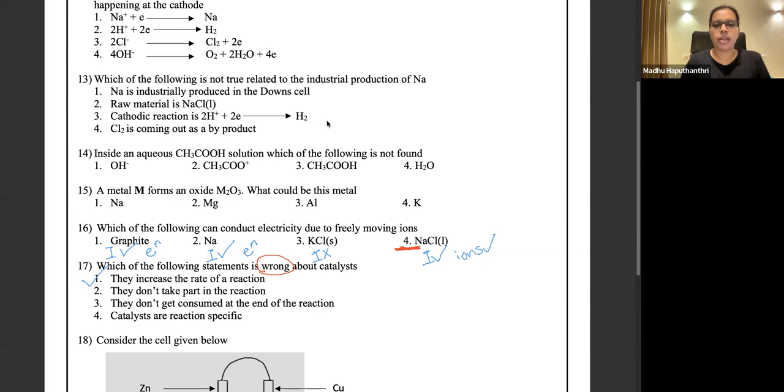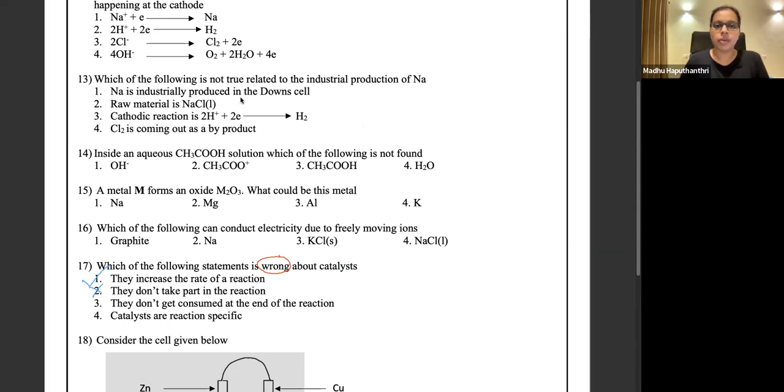They don't take part in reactions. What do you think about that? Are they not taking part in reactions? Oh, they do, right? The second statement is wrong. Exactly.